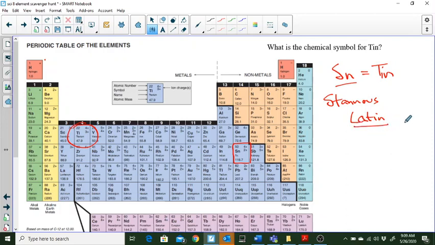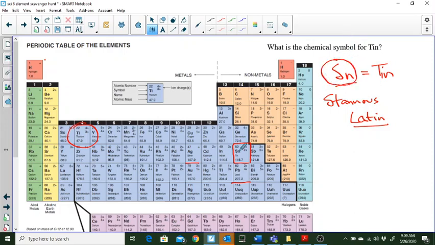No one really uses it directly any longer, but it was the language of science. Scientists would know Latin and they would often use it. We see that in symbols such as lead with Pb and silver, Ag, from argenta, and so on. So Sn is the chemical symbol for tin.